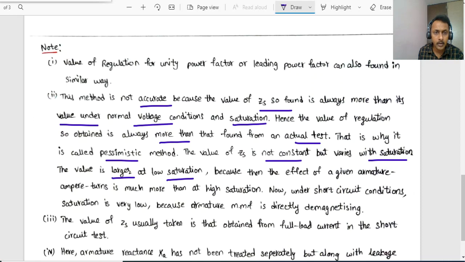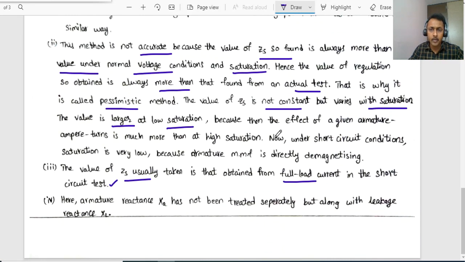That is the drawback. And the value of ZS which we have calculated is usually obtained from the full load current in the short circuit test. This is also one drawback. Because of that, the armature reactance XA has not been treated separately.